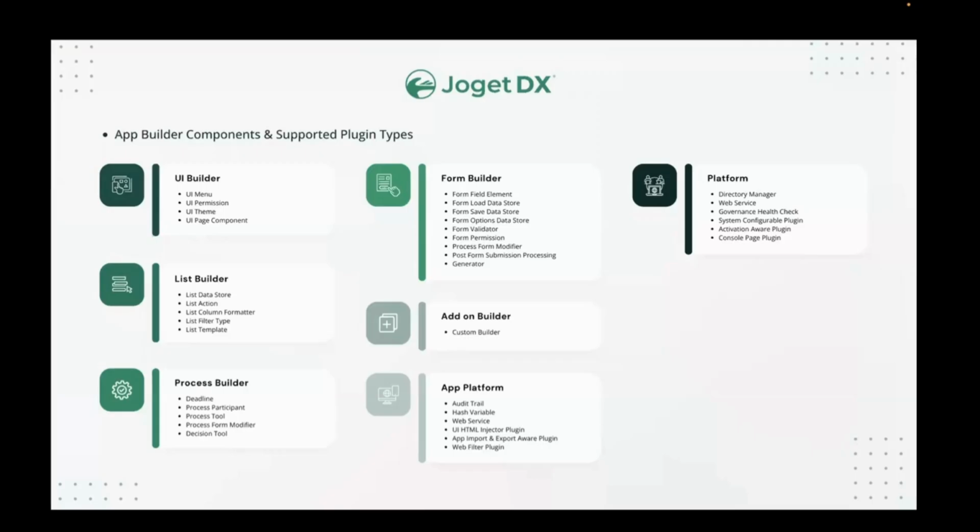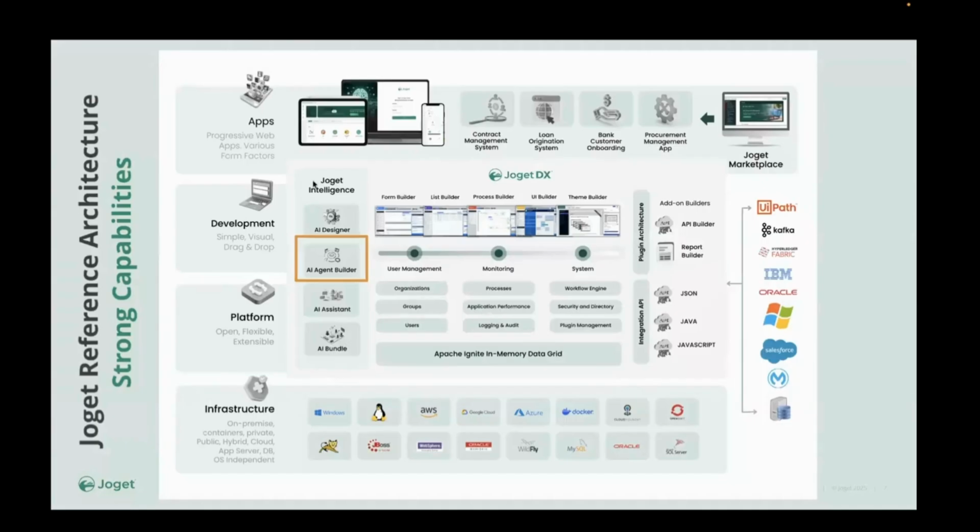The same thing can be said of the add-on builder capabilities here, whereby we have the likes of the AI designer and the AI agent builder, which is what we are going to share today. So all these are pluggable, extensible add-ons that can be built for the Joget DX platform.